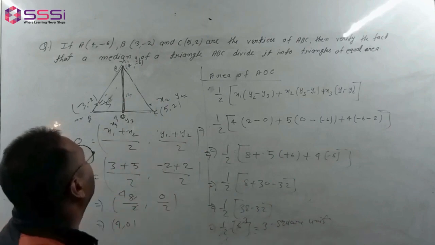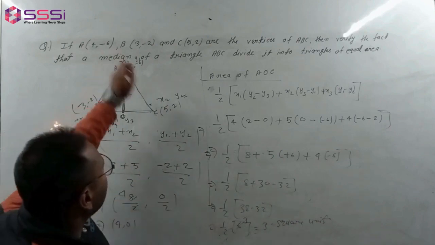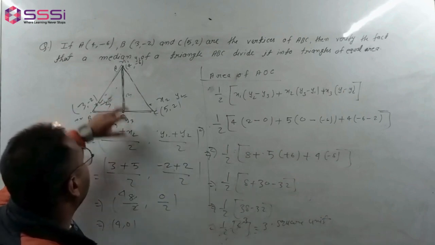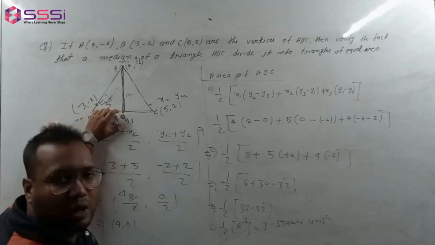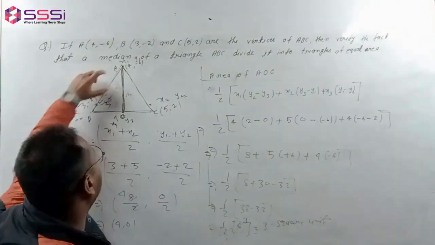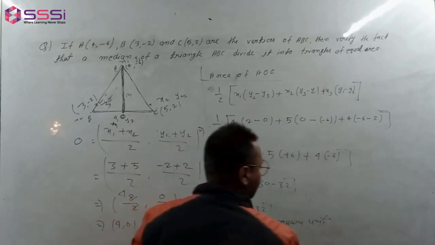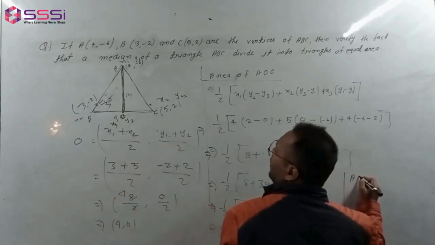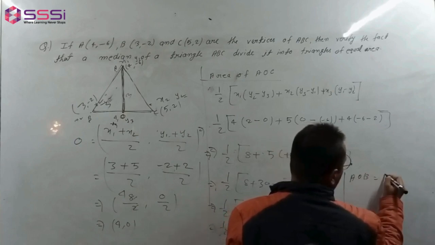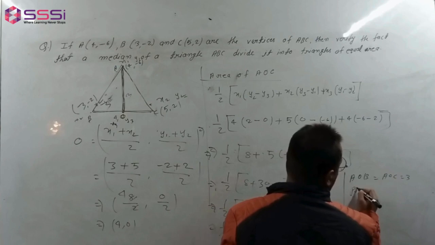This is the area of AOC. So when the median of this triangle is AO, the area of ABO equals the area of AOC. AOB equals AOC equals 3. Proved.